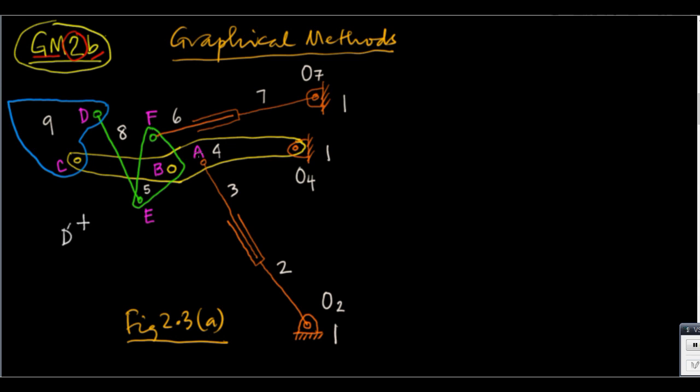Link 4 has a point A here and this point O2, that is where the hydraulic cylinder acts. There is a point B here which is the pivot between body 4 and body 5. Body 5 is this green triangular part.